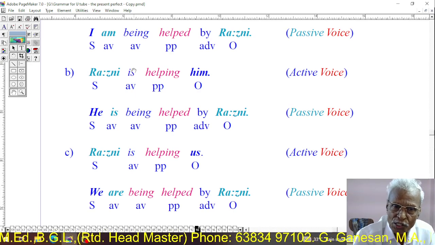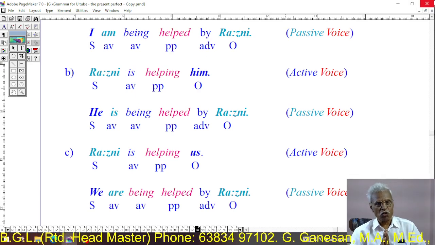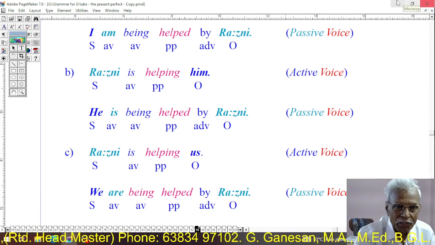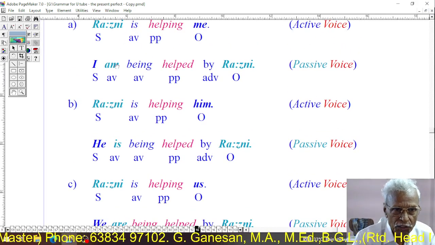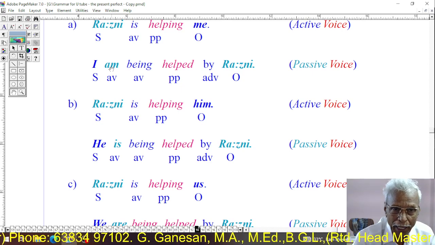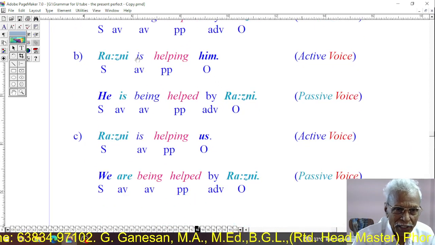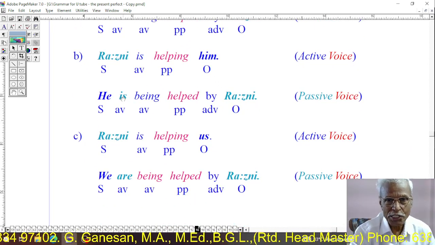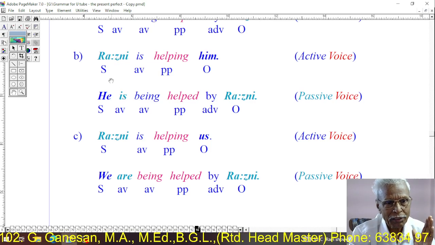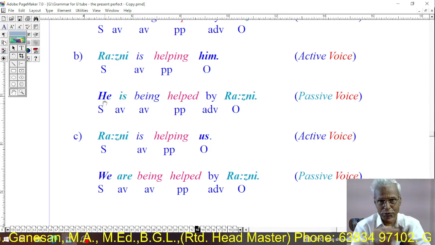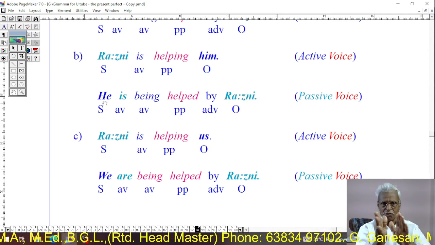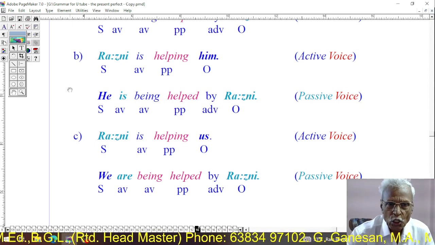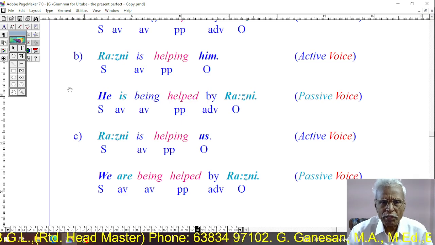This is kept as it is. In the first example, is has been changed into am. But here is is kept as it is because both Rani and he are third person singular. So Rani is helping him. He is being helped by Rani.